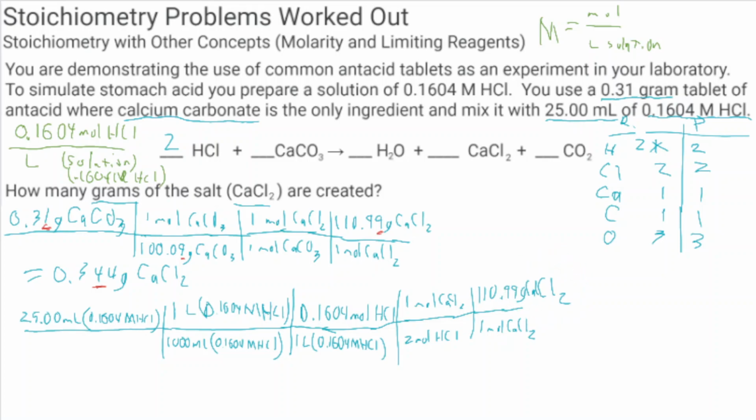And when we do that one, we can multiply everything on top, so 25 times 0.1604 multiplied by 110.99, and then divide by everything on bottom, so dividing by 1,000 and dividing by 2. When we do that, we get 0.222535 grams of calcium chloride.